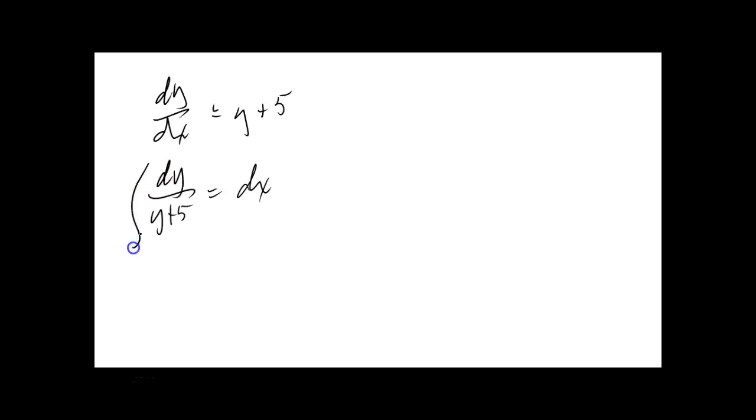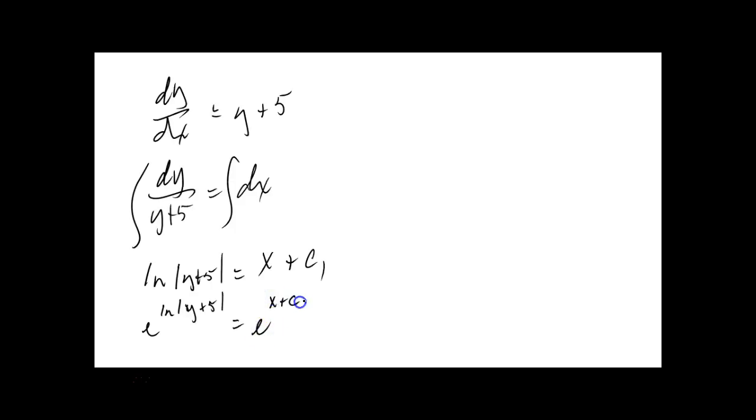Pretty easy. Integrate both sides. This is log of y plus 5 is equal to x, and then you could exponentiate, or we could put a plus, let's call it C1. Exponentiate both sides, and this would be e to the log of absolute value y plus 5, and that's equal to e to the x plus C1.